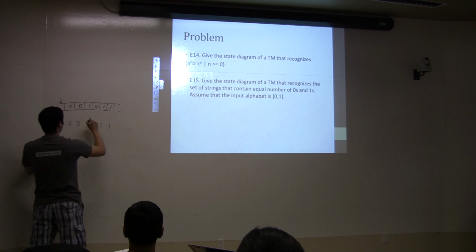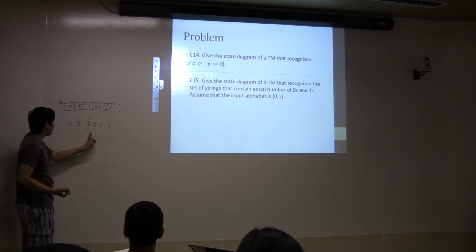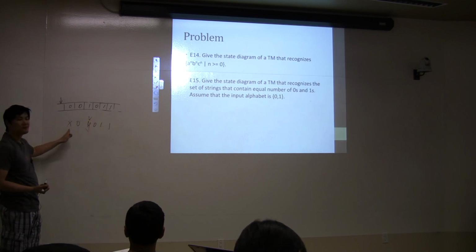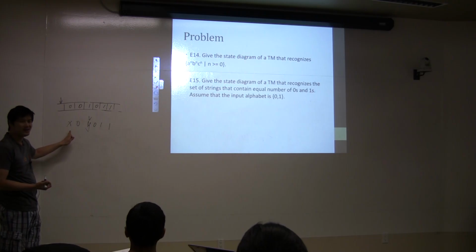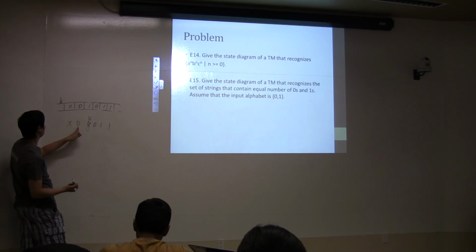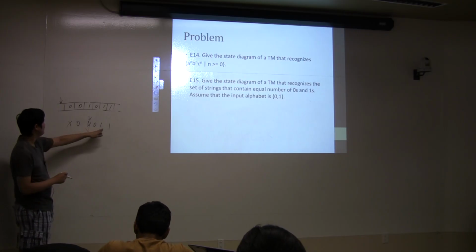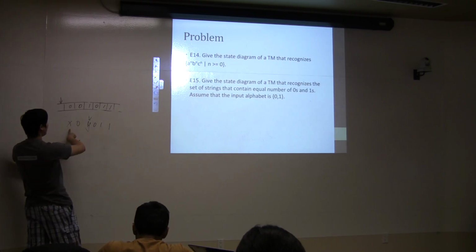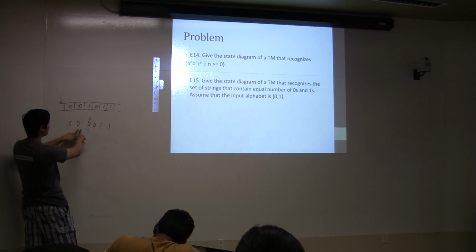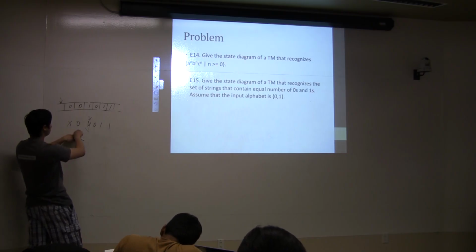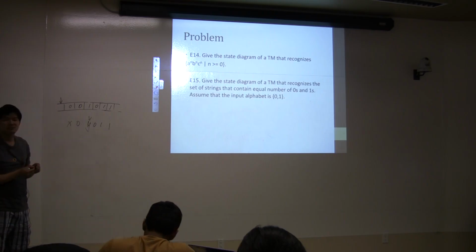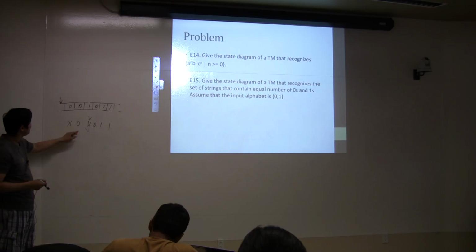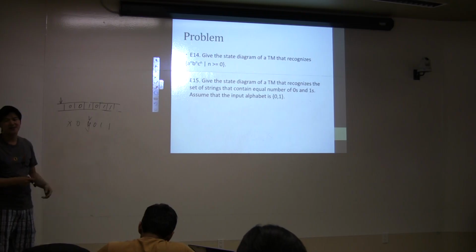Then you mark it off with a Y. Then you go back to find the X, and you mark off this one with X. Go here to mark it with Y, and go back to find the X, which is here. Then you have to keep going right to find the first 0 or 1.